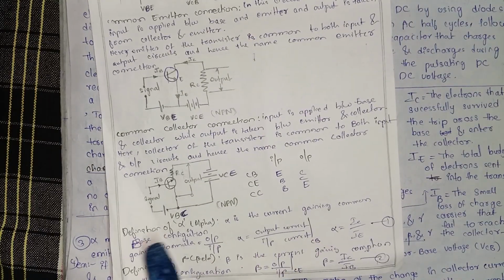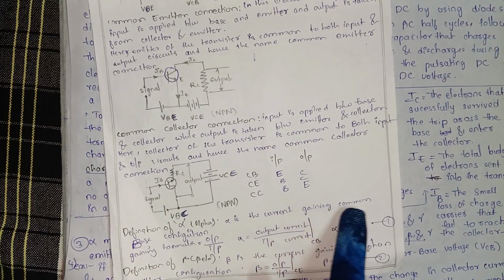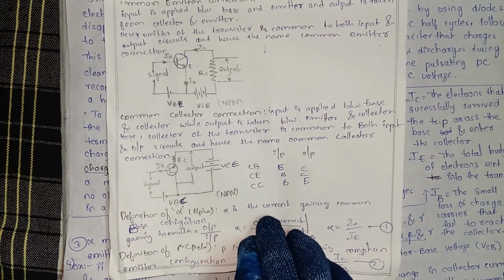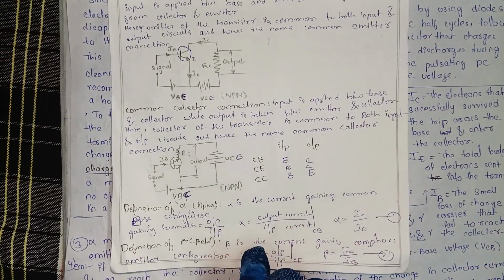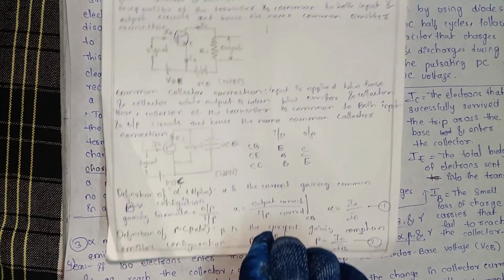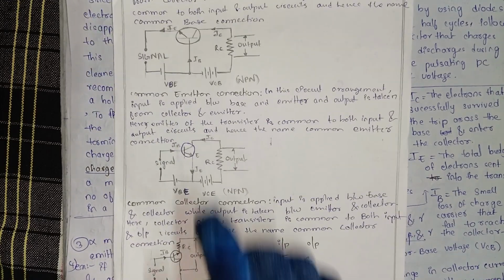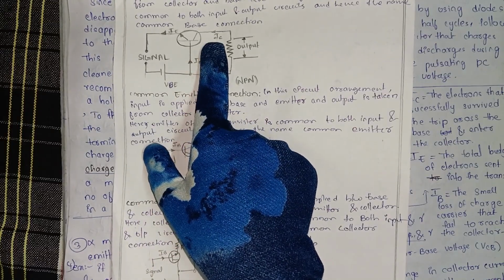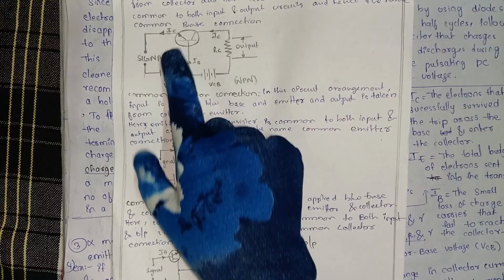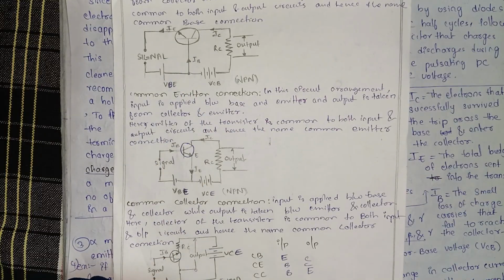So we have seen in the definition that it is the current gain in common base configuration. In the common base configuration diagram, we can see that the output current is IC and the input current is IE, the emitter current.